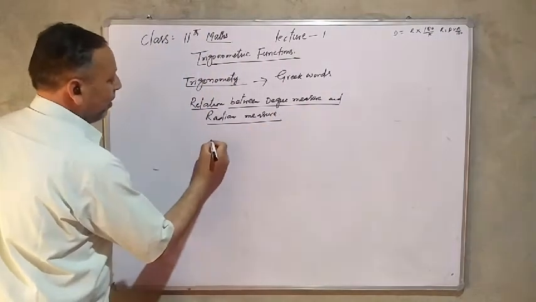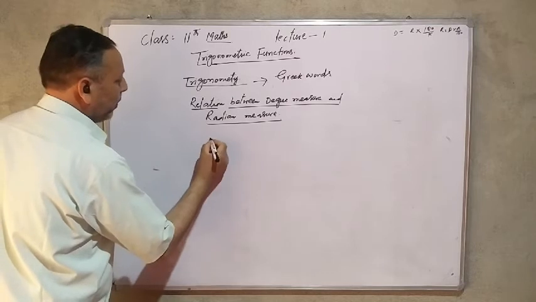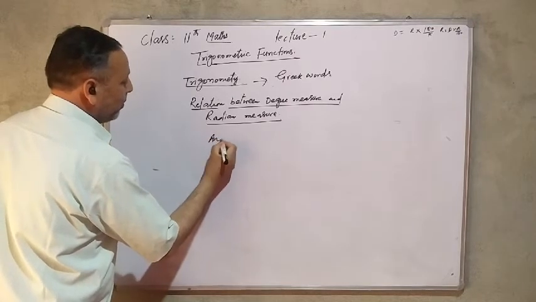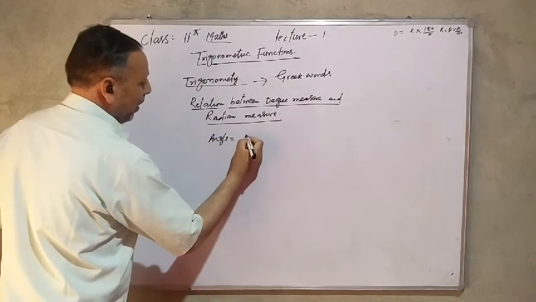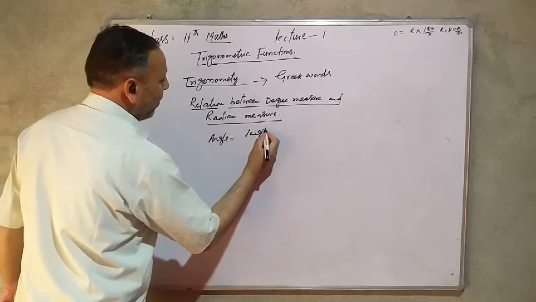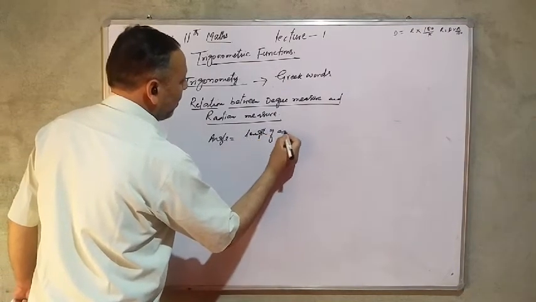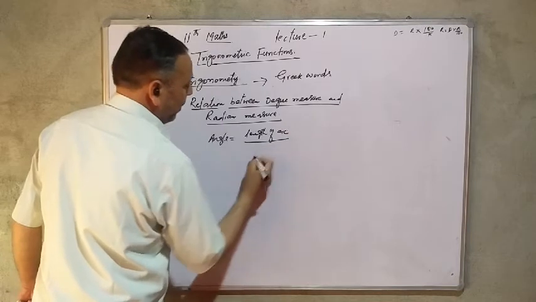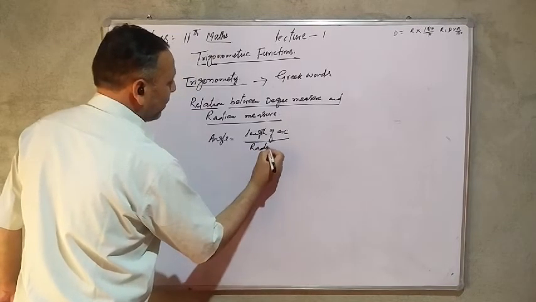So we have already seen that angle is equal to length of arc divided by radius of circle.